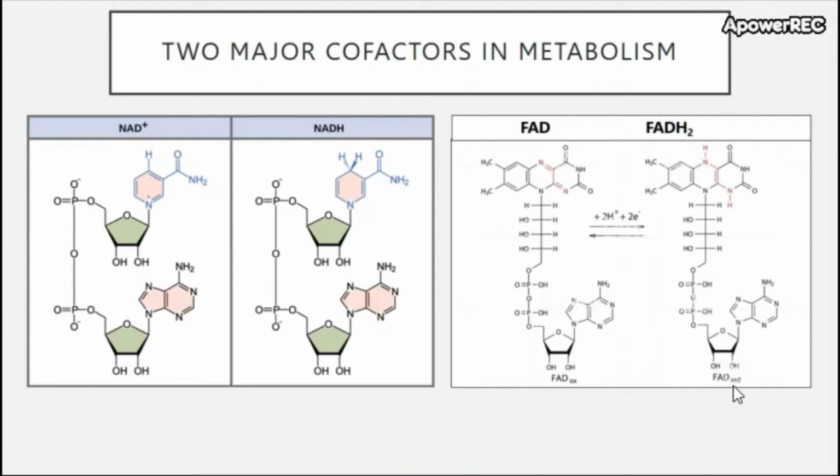And because electrons are a negative value, we say that they're reduced here. So remember in the past we talked about reactive oxygen species. They're reactive and they're toxic because they go around snatching electrons from other molecules in the cell, thereby oxidizing them.